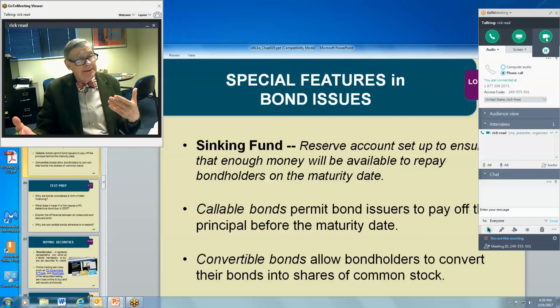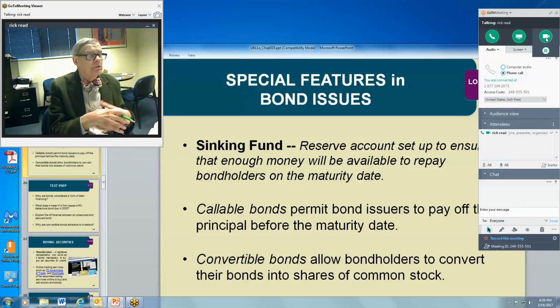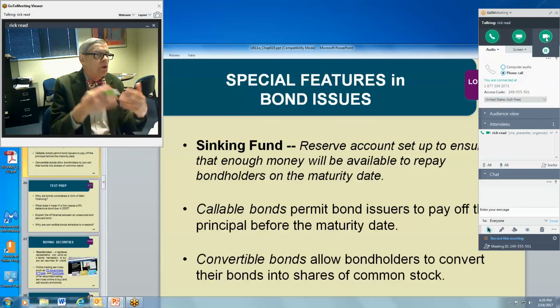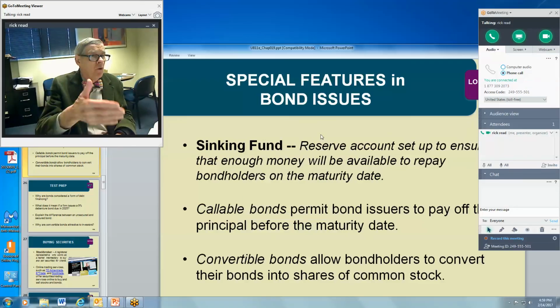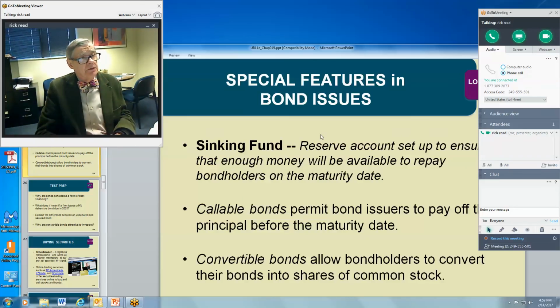It allows the bond issuer to pay off the principal before the maturity date. But remember, there's usually some sort of a bonus in that. That's not the right term, but you understand, a premium, excuse me, you're going to pay to the bondholders because you exercise this callable provision.